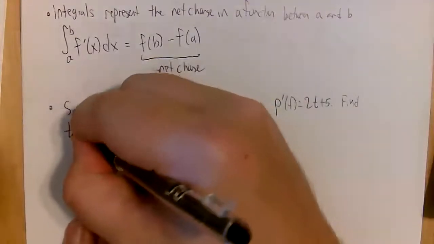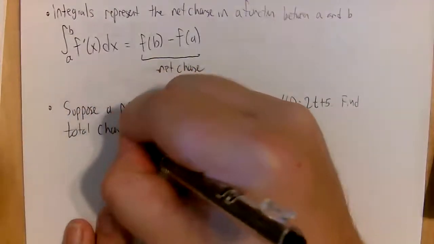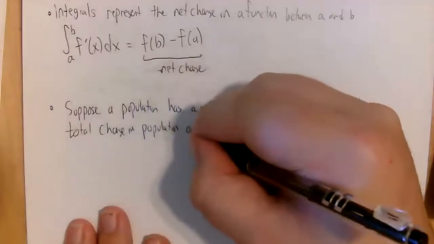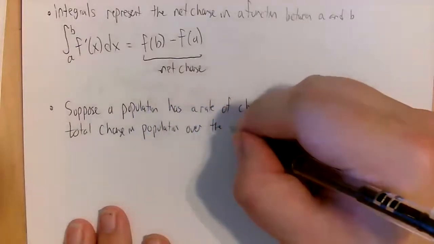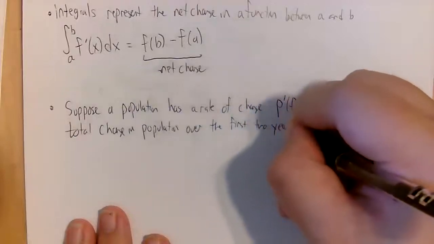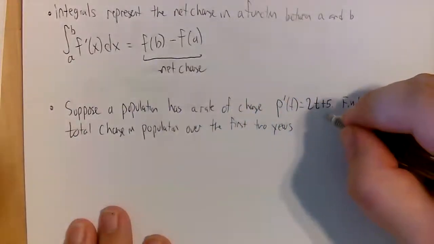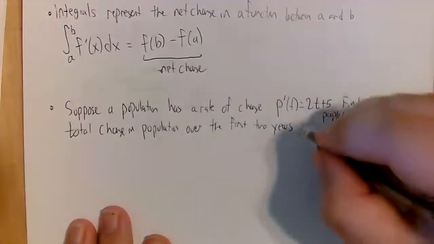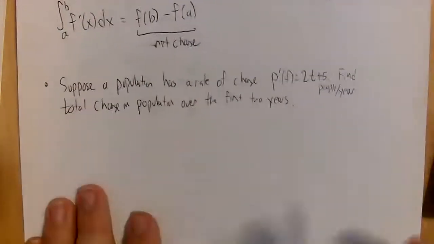Find the total change in population over the first 2 years. By the way, this is in units of people per year. So we're going to find the total amount of change in the first 2 years.